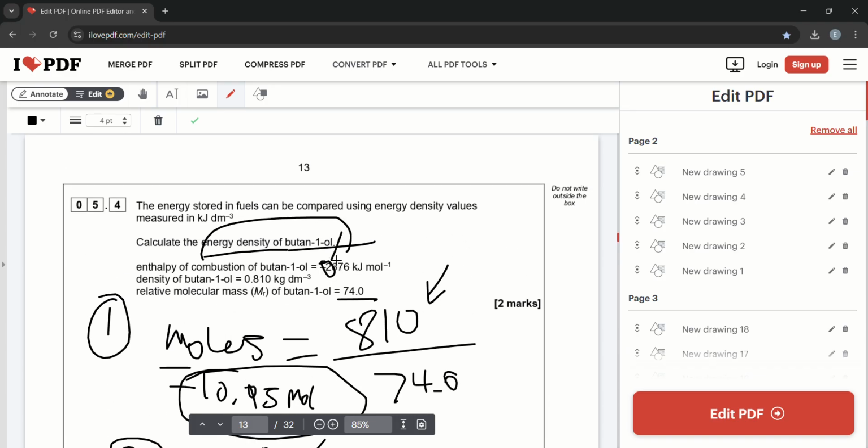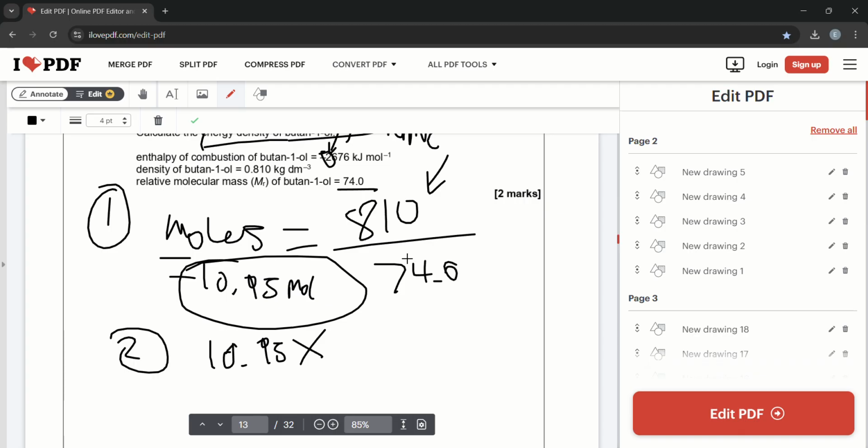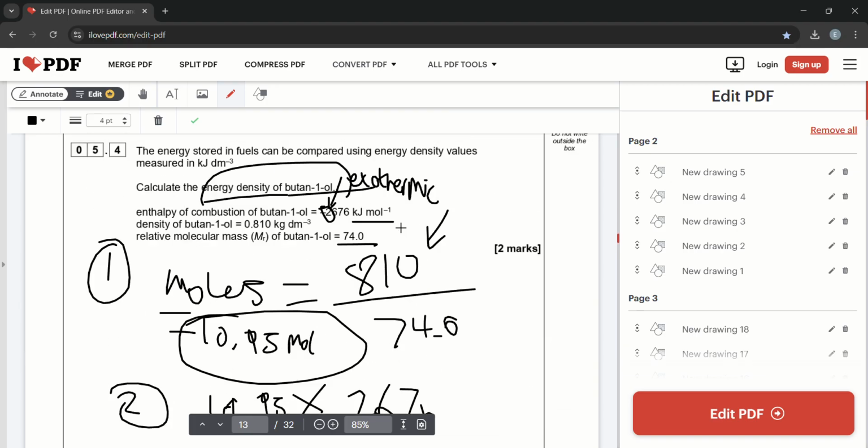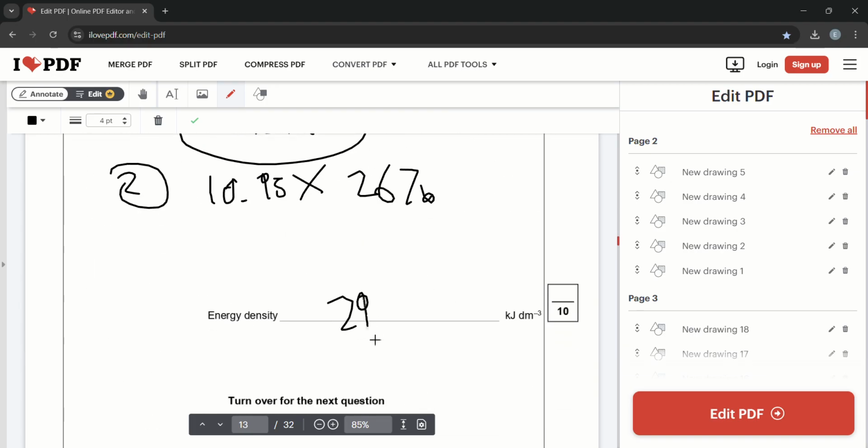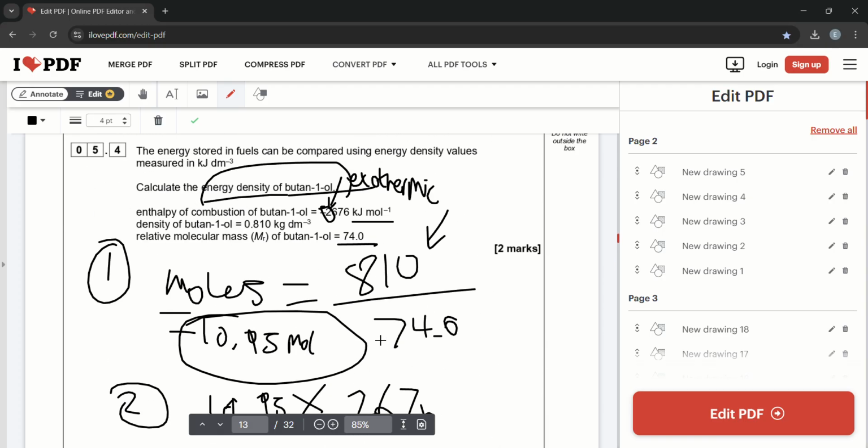This minus sign just tells me that it's exothermic, the temperature increases. That's all it really tells me. We don't care about the minus sign, so I'm not going to include it. Times 2676, in kilojoules per mole. That will give me 29,300 kilojoules per dm cubed, the energy density. And that's the end of question 5.